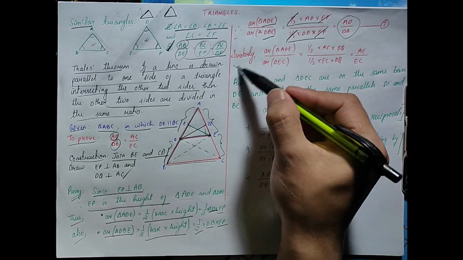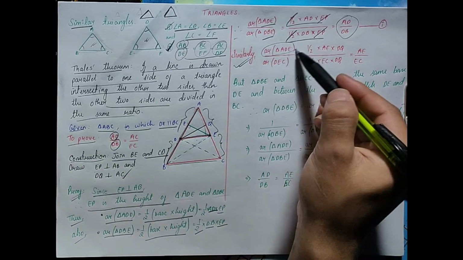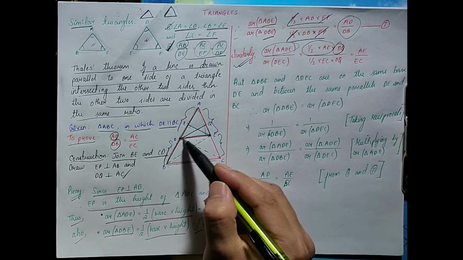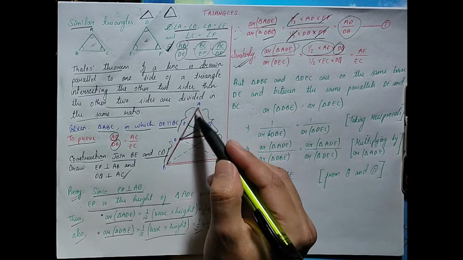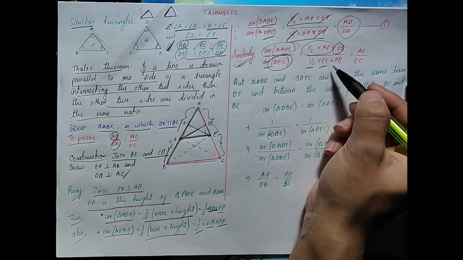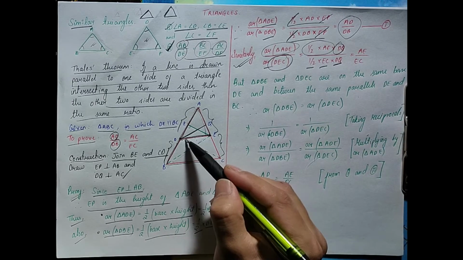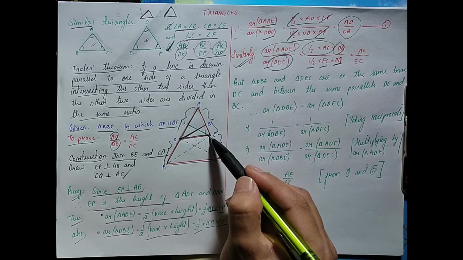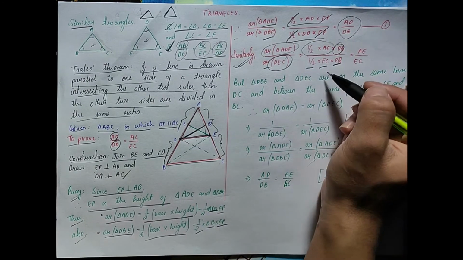Similarly, area of the triangle ADE is half AE into DQ, since DQ is the height of the triangle ADE. Also, area of triangle DEC is half into EC into DQ. So this is your height, and this is your base EC.